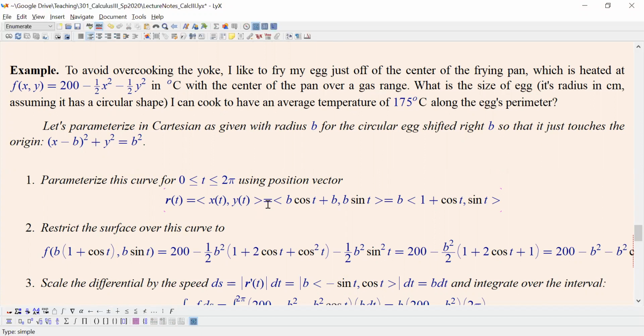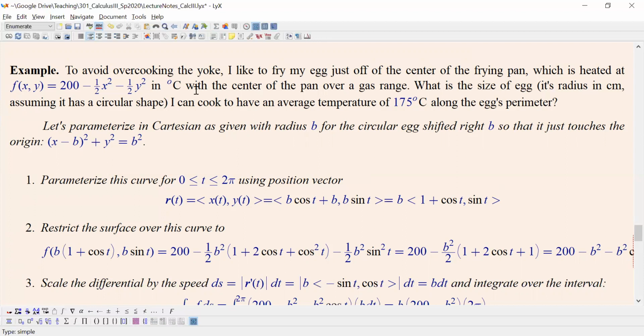Basically, I'm saying that I'm heating this up over a gas range where its heat is greatest in the center and it radially decreases out as we move outward along the pan. So this is a surface, a heat surface, and we want to think about how that heat plays on the egg that's just off center.